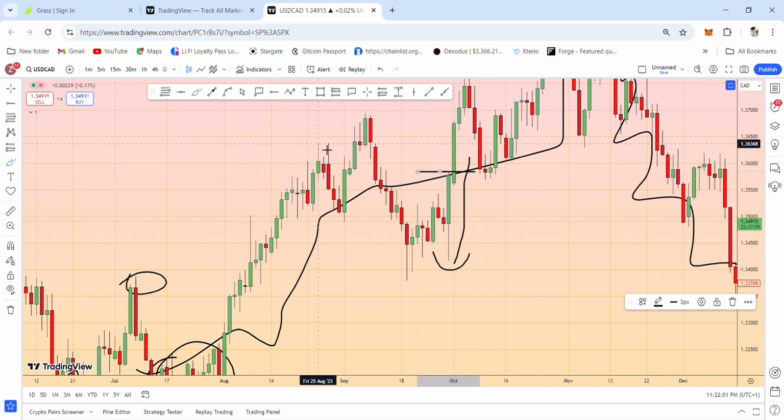So the wicks give you details of what the buyers and the sellers have done, and you can see short body with long wick, and the ones that have a smaller body and longer wick. So these are types of candlesticks.